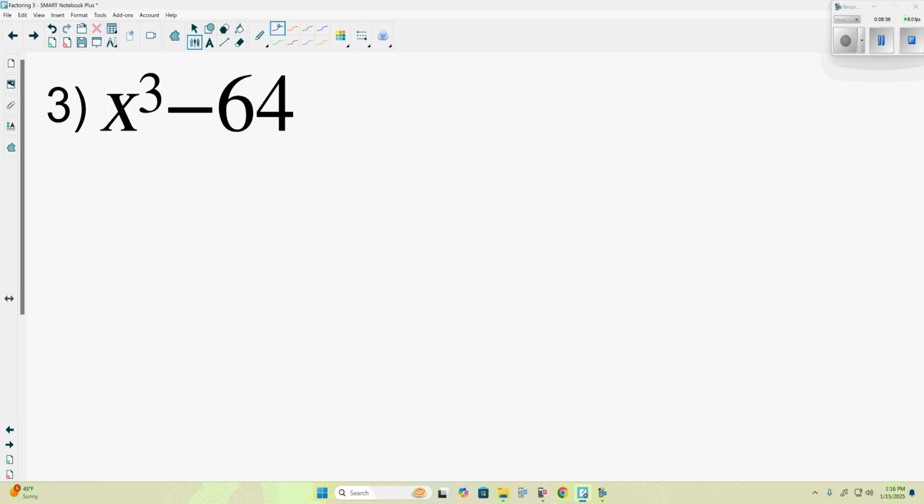X cubed minus 64. So here, there's a good chance we have a difference of 2 cubes. The big giveaway is that we have x to the third, and no greatest common factor between these. So we're going to take the cube root of both to get our values that are taking the place of a and b.